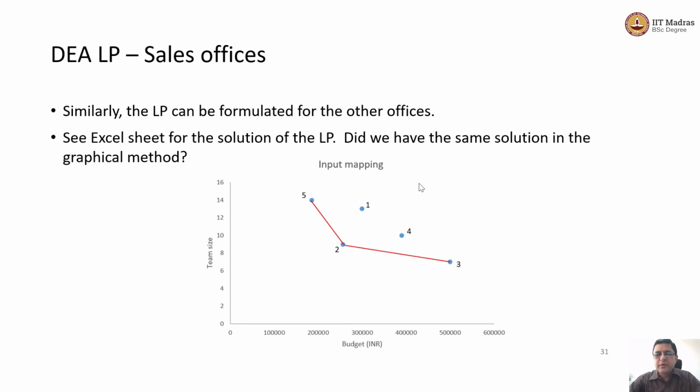Sales office 1 was able to report an efficiency of 80% and sales office 4 only 84%. So even in their own calculations they were not efficient, and therefore our results match the graphical method results: 1 and 4 do not lie on the efficiency frontier, while 5, 2 and 3 form it. Hope this is clear now.